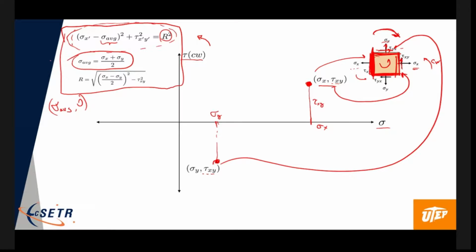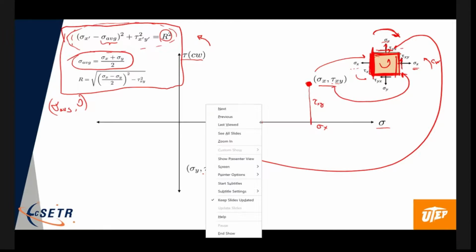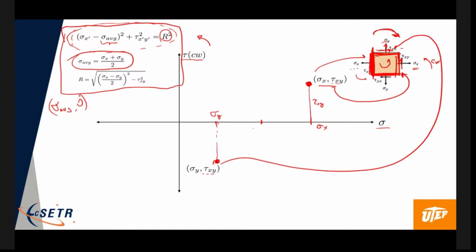It's the mean of those. Well, guess what? It's going to be right here in the middle. So that point right there is sigma average. And the Y coordinate is 0. So right there, that is the center of my circle.